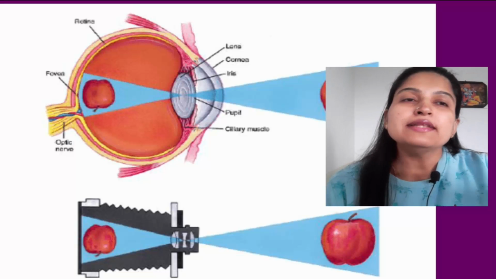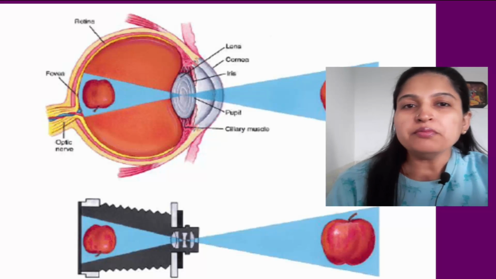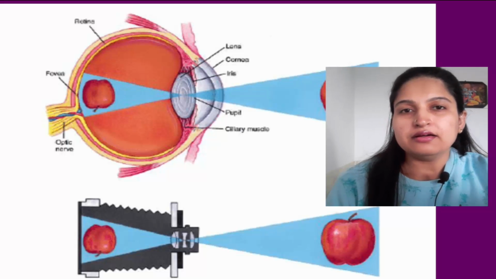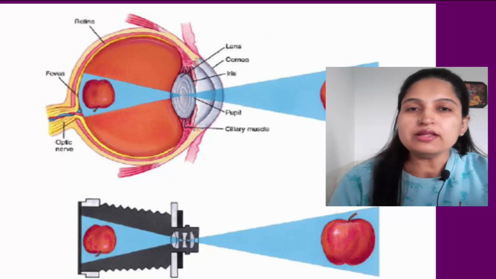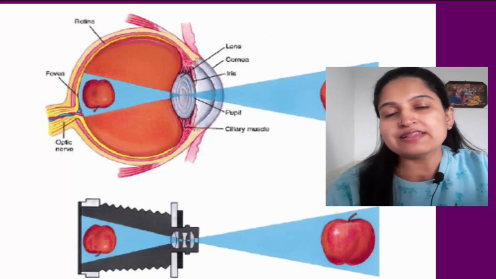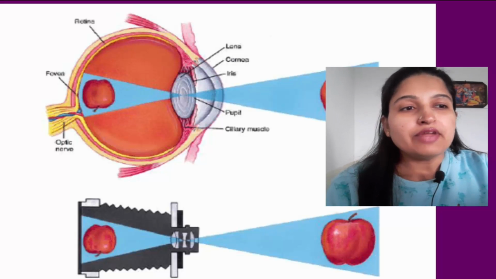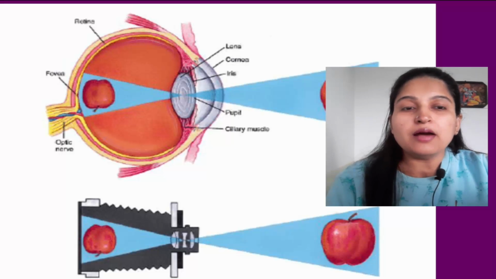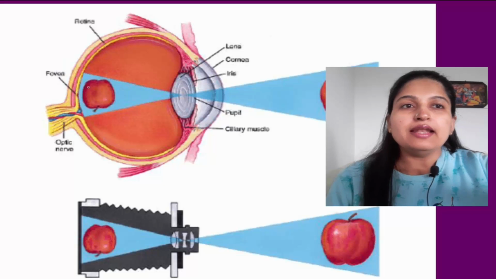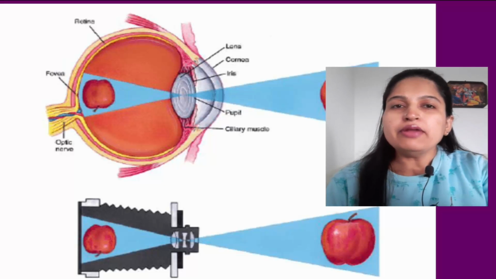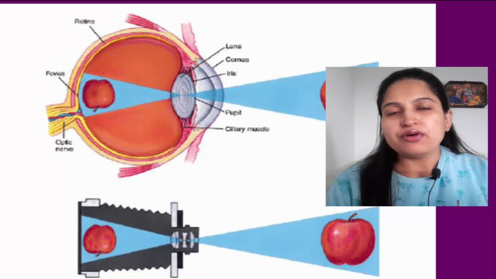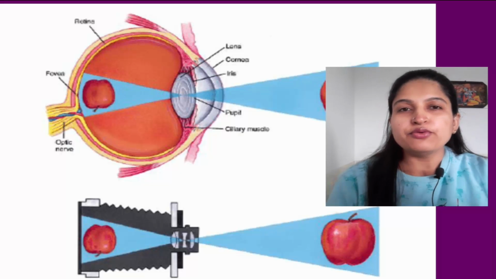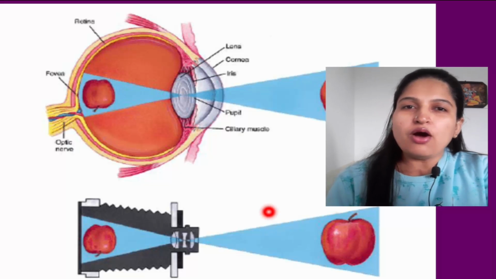So why is this kind of inverted image formed? Because an eye and a camera both contain a convex lens, and the property of a convex lens is that it refracts the light, so the image gets flipped or turned upside down. That is why an inverted image is formed. But we don't really see an inverted image of what we see through our eyes. How is that possible?